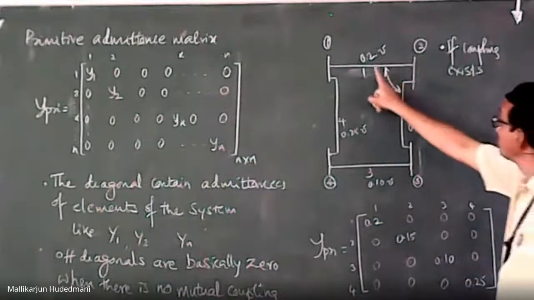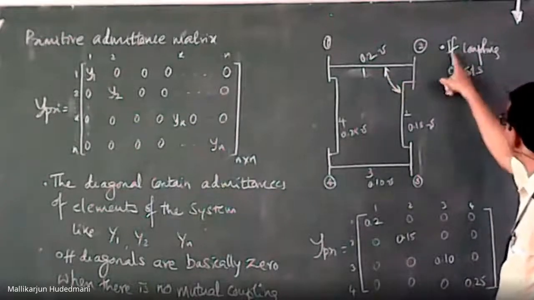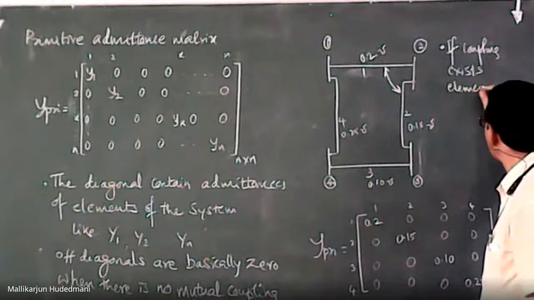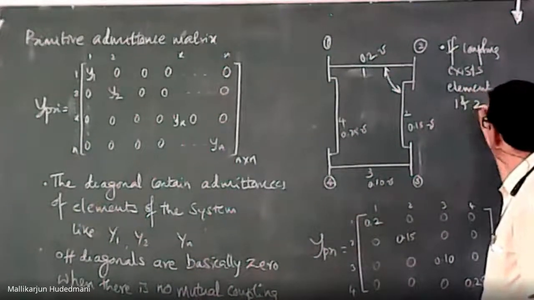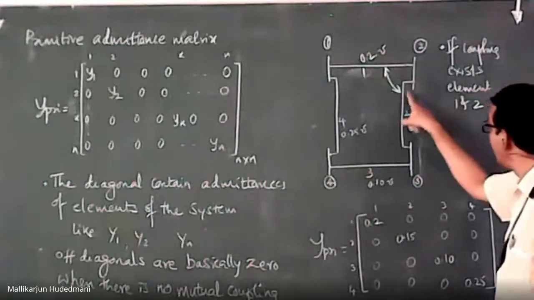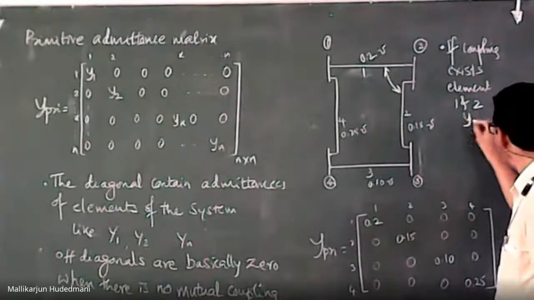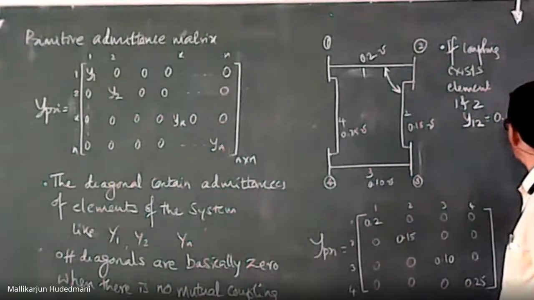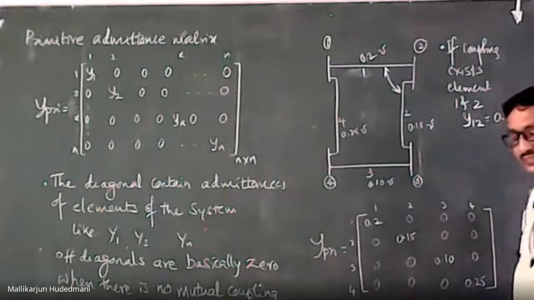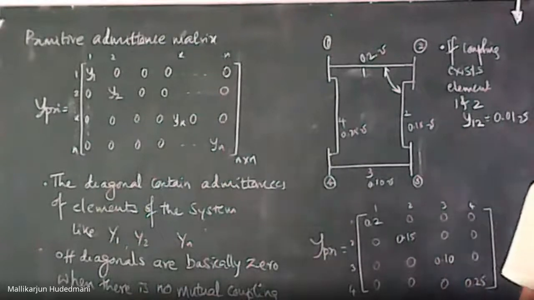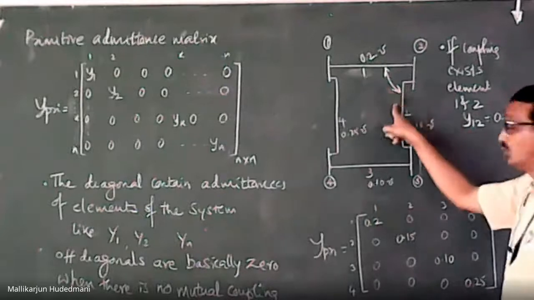Suppose there is a mutual coupling between 1 and 2. It's an example, a case study. There exists a mutual coupling between element number 1 and 2 by Y12, with value 0.01, let's say. It should be negative. I'm just writing. By chance, there exists a mutual admittance between element number 1 and 2.